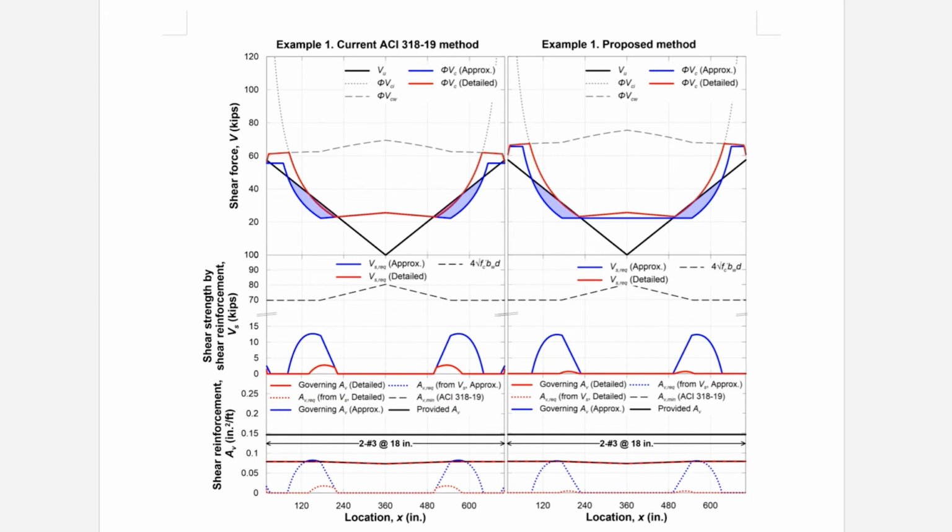And approximate method cannot be used, but just for your reference, it's plotted. And detailed method, well, it has a development length so that it's actually slope here, and then this is because of a VU over MU function. So you don't need that much of a shear reinforcement, but only for the small region.